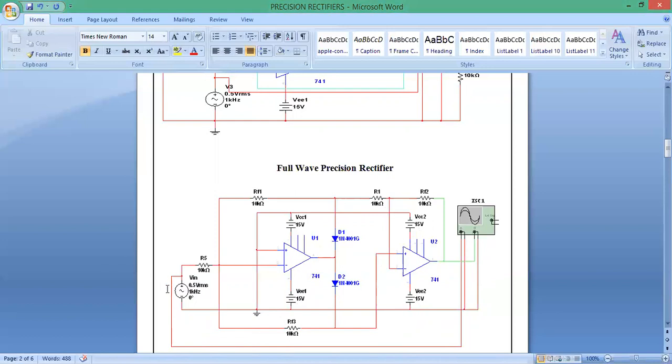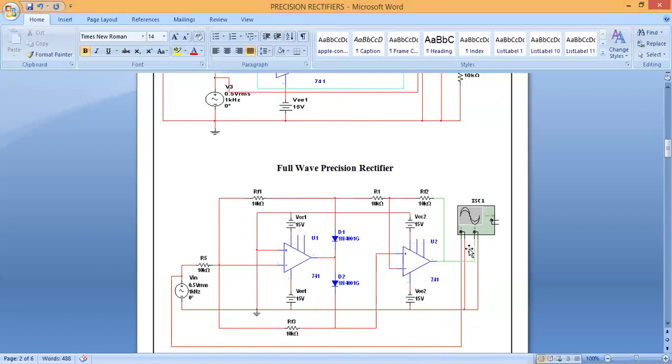So here the input signal applied to the full wave precision rectifier is a sinusoidal signal which is less than 0.5 volt RMS at a frequency of 1 kilohertz. The output of this full wave precision rectifier is connected to channel B of the CRO.